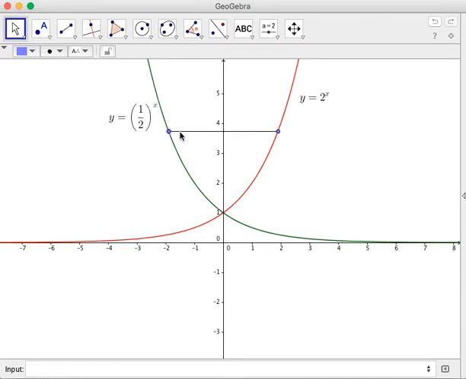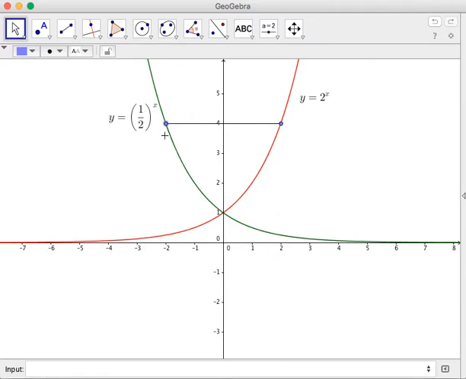That's one observation. The second observation is that if this point is indeed a reflection of this point, then they will have the same x-coordinates, only that the signs are opposite.